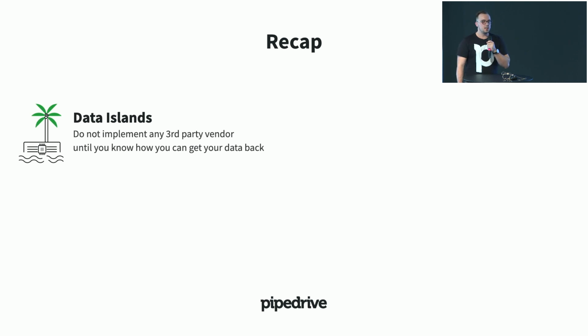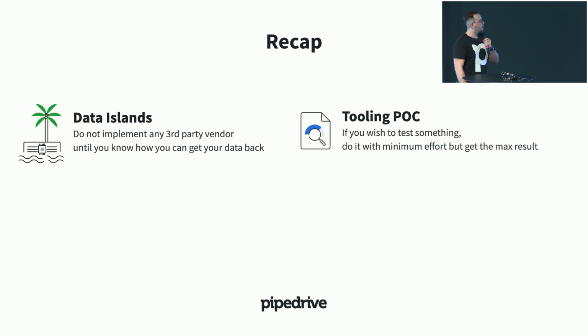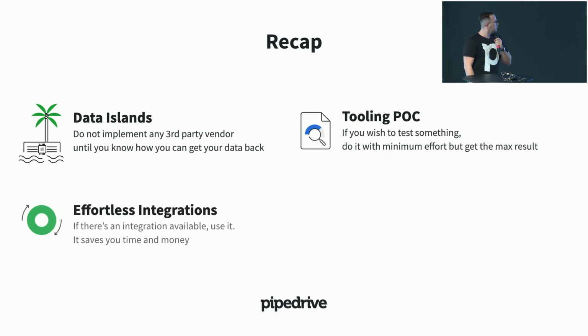And to quickly recap, data islands: try to get your data back as much as possible. Sometimes it's not possible, but at least try your best. POCing: minimum effort, maximum result. Effortless integrations: use them because they save you time and money.